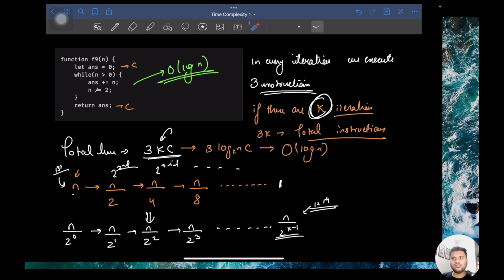We are going to see a case when division by 2 is not going to be log n. We can see those cases also, but this can be a good way to approach the given question, because here we cannot just directly say that this loop went for n iterations. No, this loop technically went for log n iterations, because how we update the value of n also determines how the corresponding loop converges.